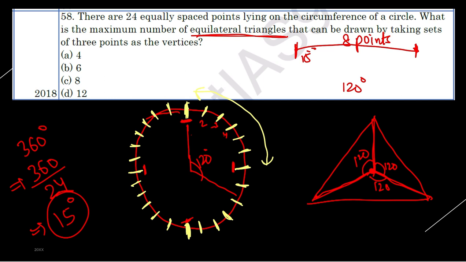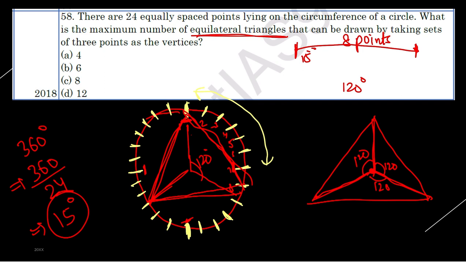So first, second, third, fourth, fifth, sixth, 7, 8. So a total of 8 points will be needed to make one side of the equilateral triangle. This is one side of the equilateral triangle, and this is another side, and this is another side of the equilateral triangle.